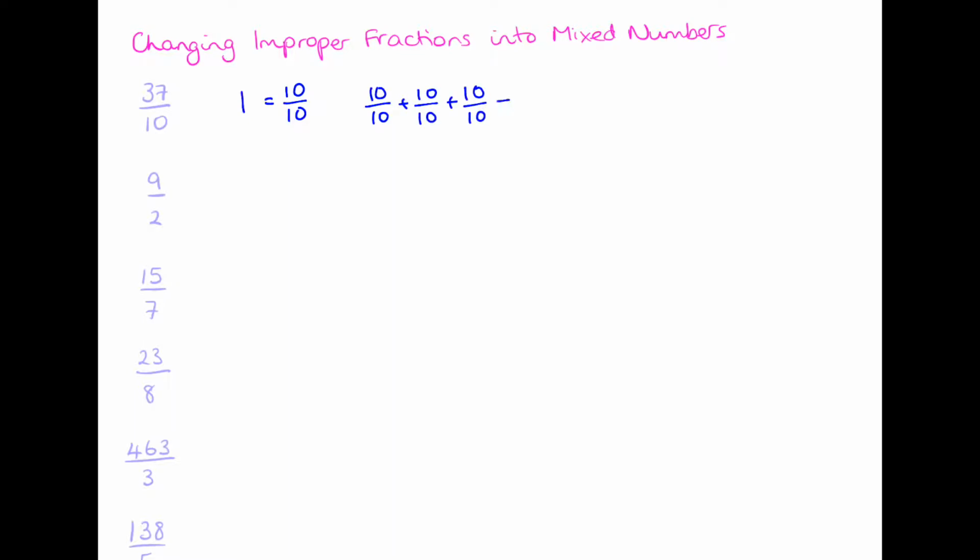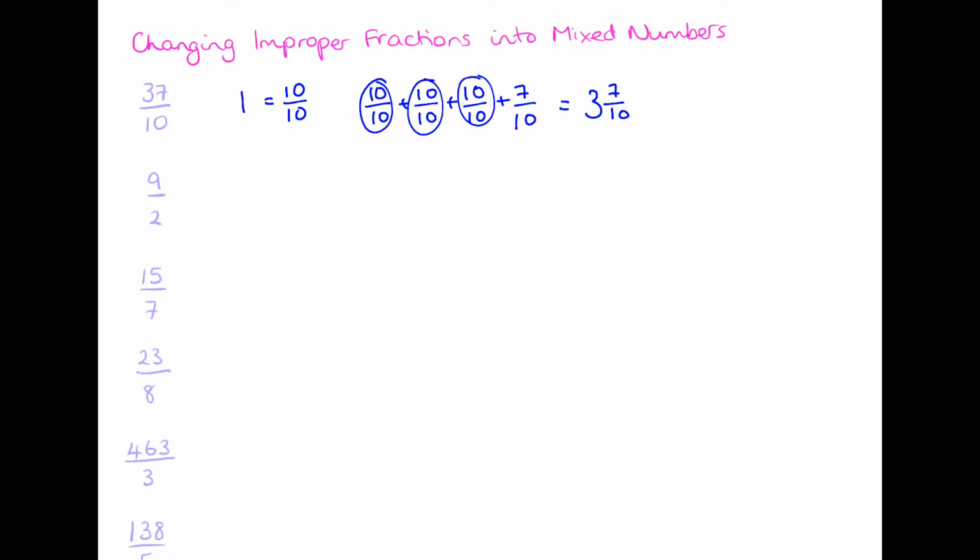There's 30 and 7, so there's our 37 tenths. That's a whole one, that's a whole one, that's a whole one. So we've got 3 whole ones and 7 tenths left over.